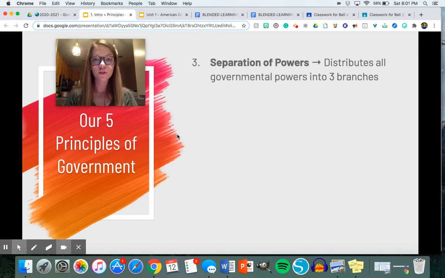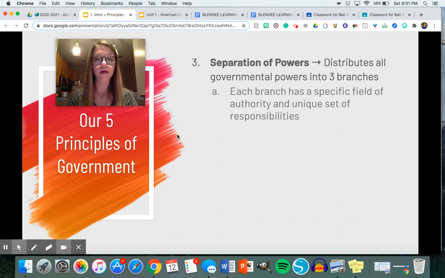Third, our third principle of government is separation of powers. And this distributes all governmental powers into three branches. So separation of powers is your three branches of government. And each branch has a specific field of authority, unique set of responsibilities. Each branch is designed to do a certain thing when it comes to making laws, public policy.